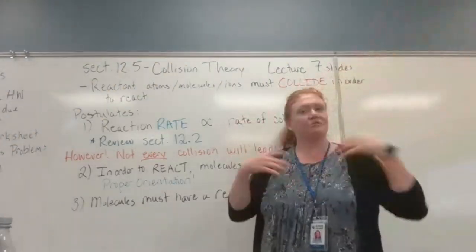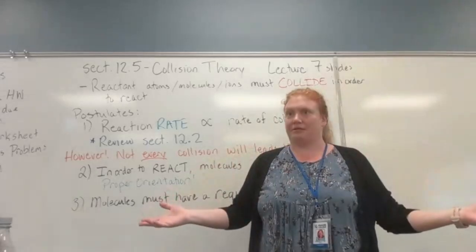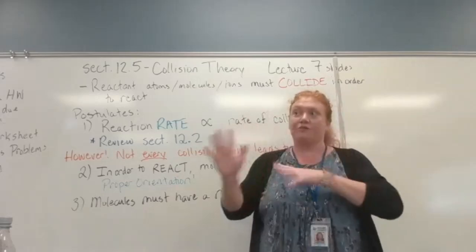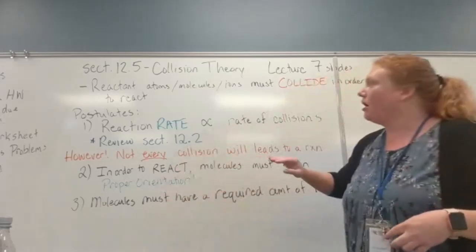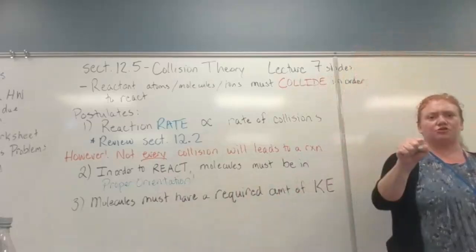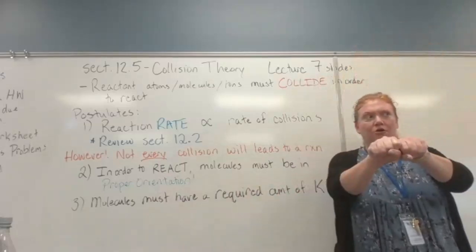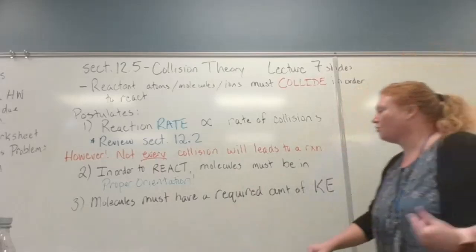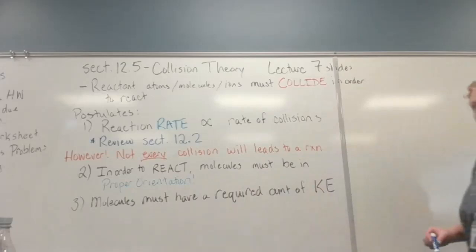It's unique for every reaction. There's not a set value. We're going to investigate that. Why does it have to have a set amount of energy before they can come together? What are we actually doing when we do reactions? We are breaking.